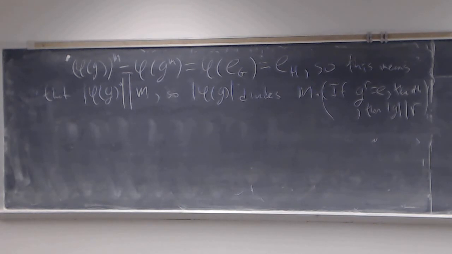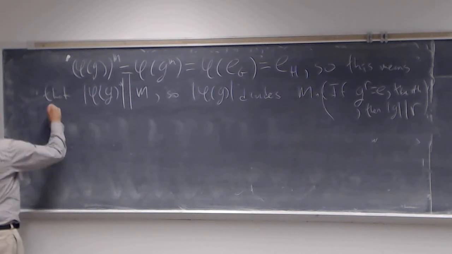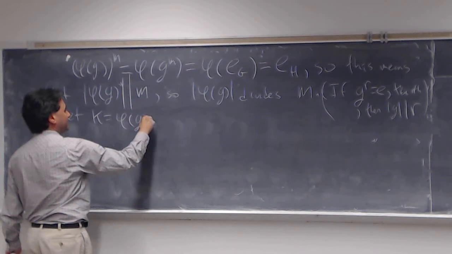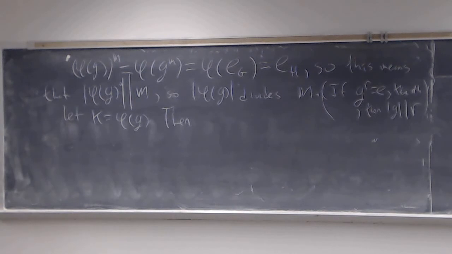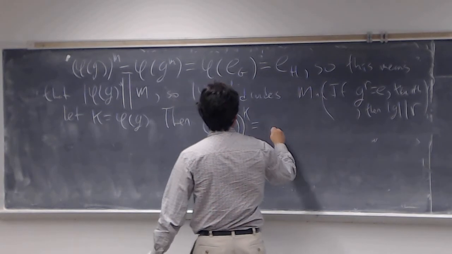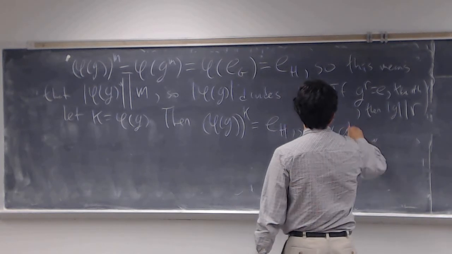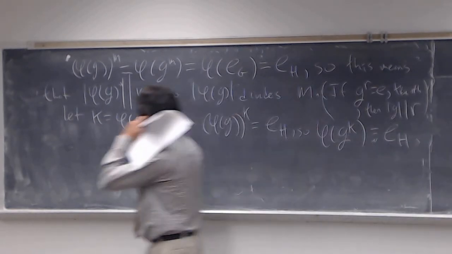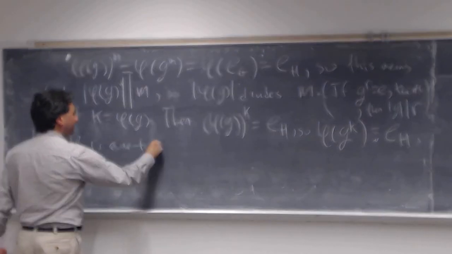So, on the other hand, let K be the order of phi of G. Then that means phi of G to the K is the identity in H. So phi of G to the K has to be E of H. But now, for the first time, we use that phi is an isomorphism, so phi is 1 to 1.